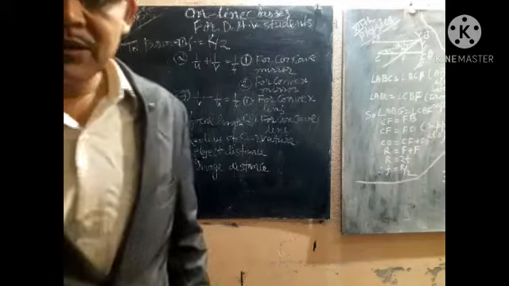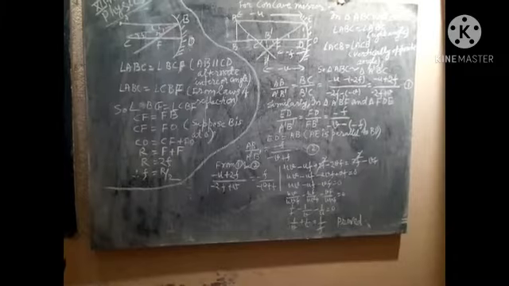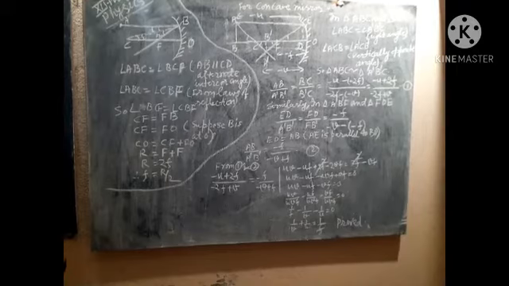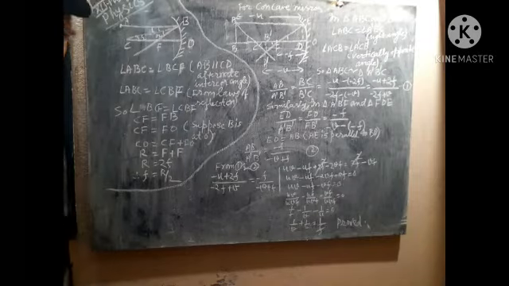Okay, try to understand one by one. I will discuss all these things. The first thing is to prove f is equal to r by 2. How do you prove this thing?